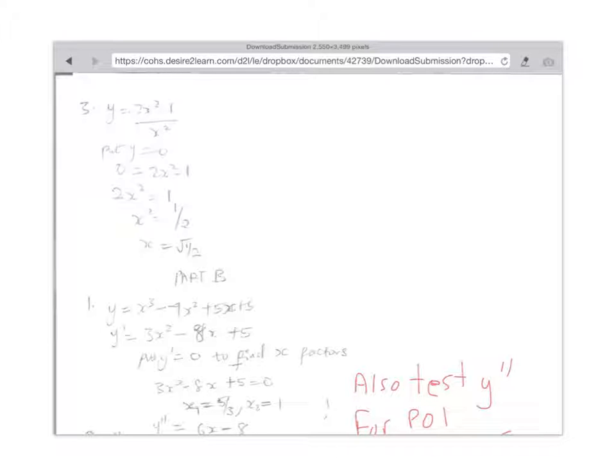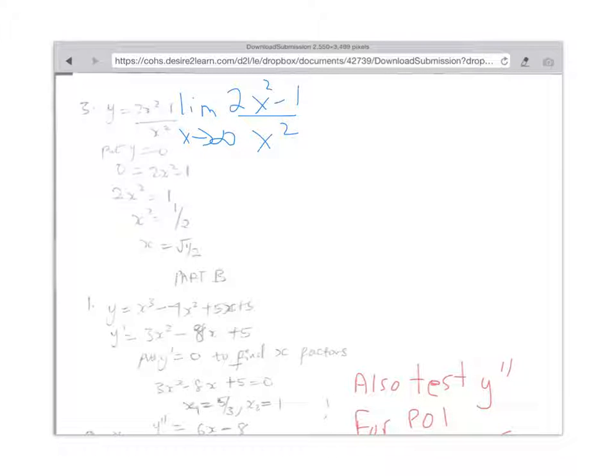So looking at number 3, the way you find a horizontal asymptote is the first thing you do is you eliminate anything that's not significant. When we say it's not significant, we're going to let x approach infinity.